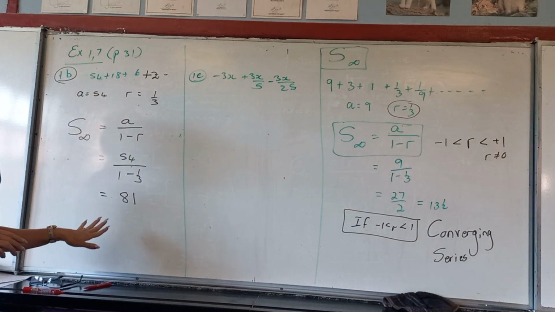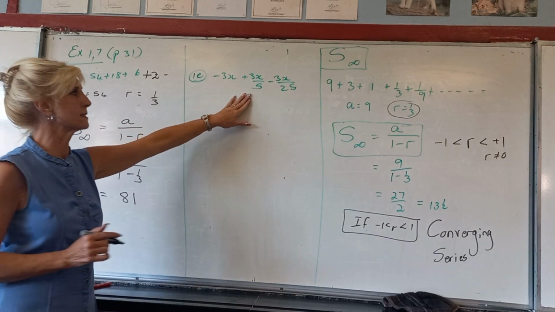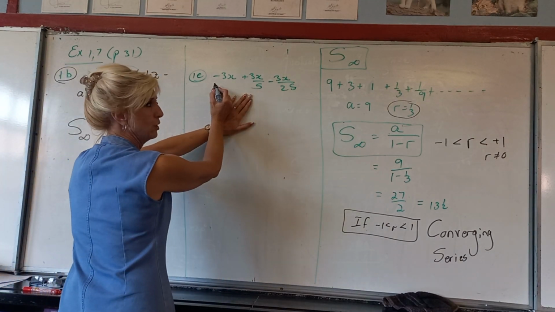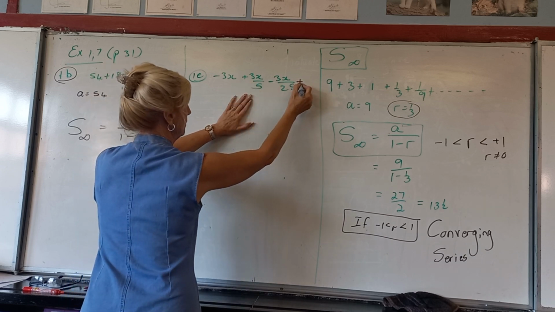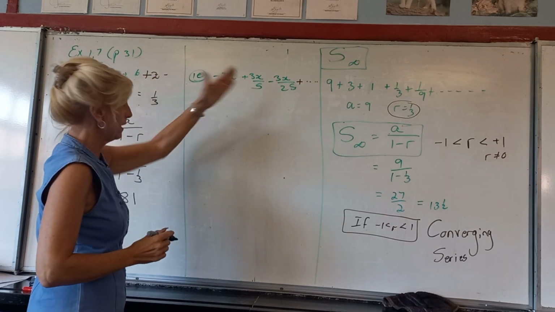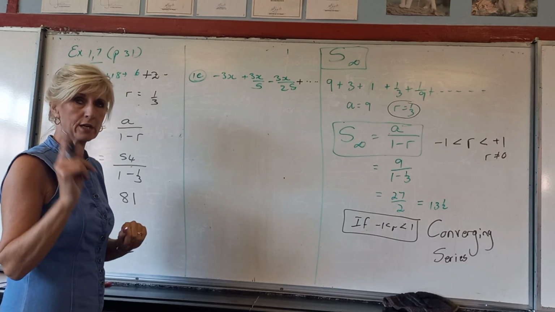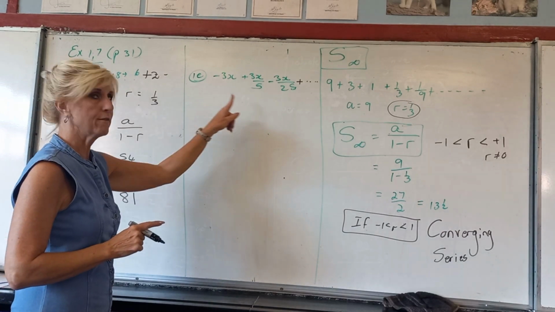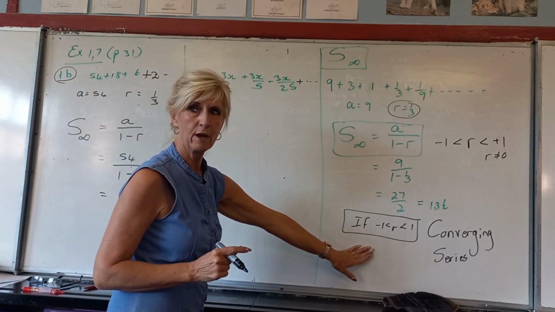And that's the sum. Just to make it a little bit more interesting, can you find me the sum of this? Now first of all, look at it. Negative, positive. I'm asking you to find the sum to infinity. You can only do sum to infinity if r is between -1 and 1.